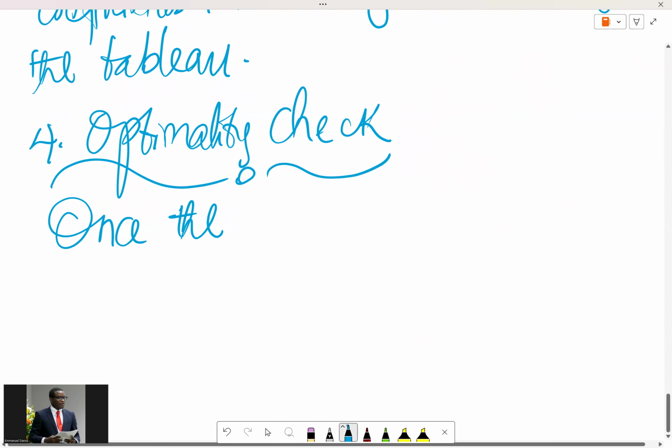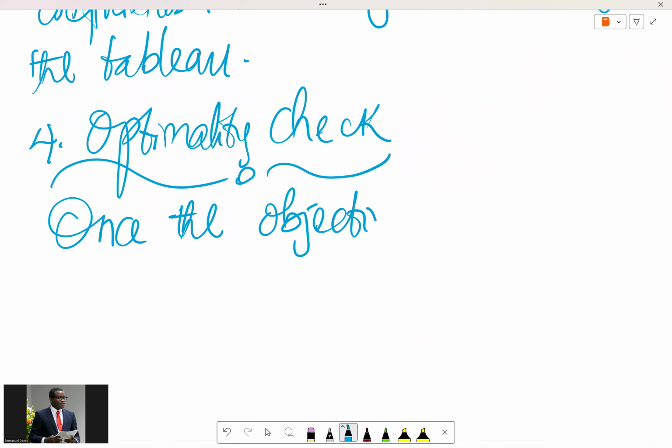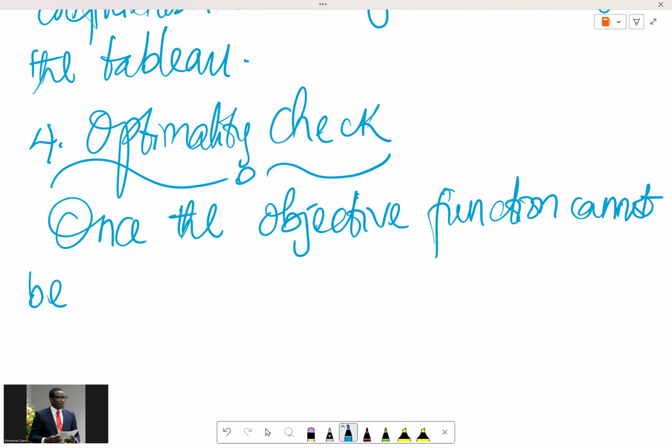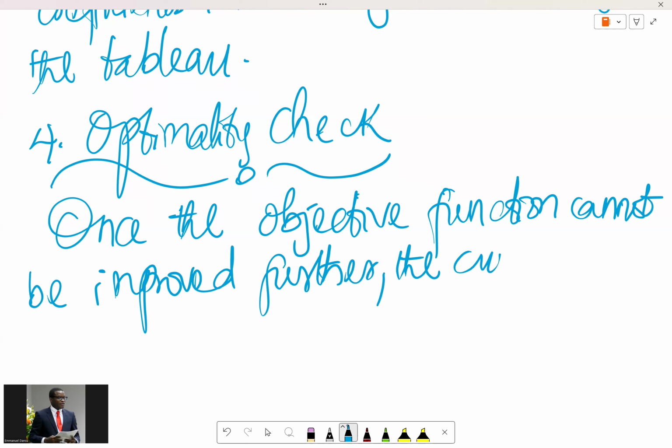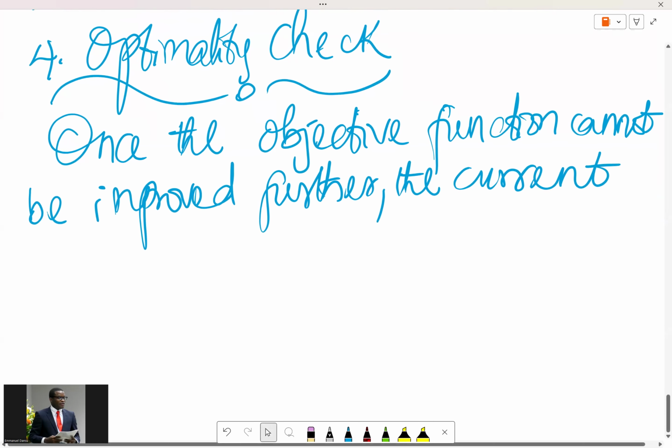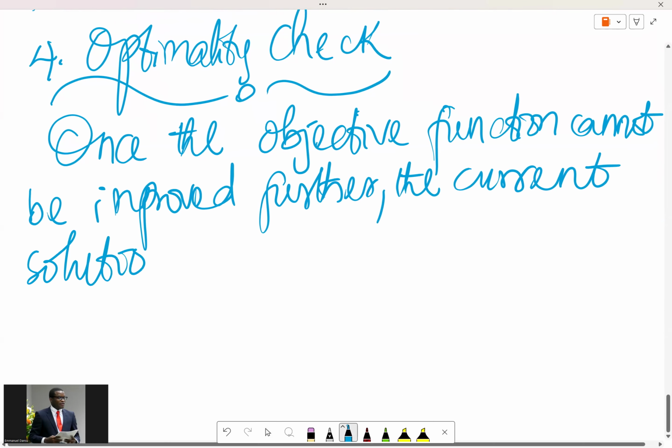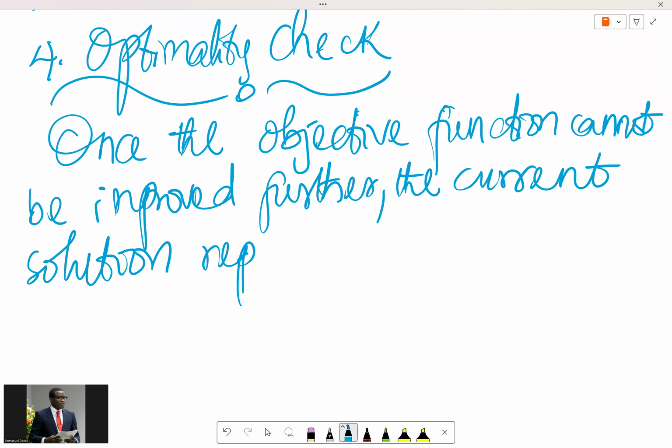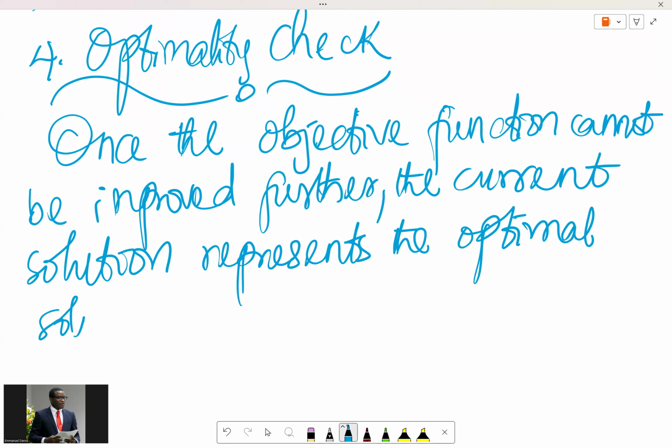Once the objective function cannot be improved further, the current solution represents the optimal solution to the LP problem.